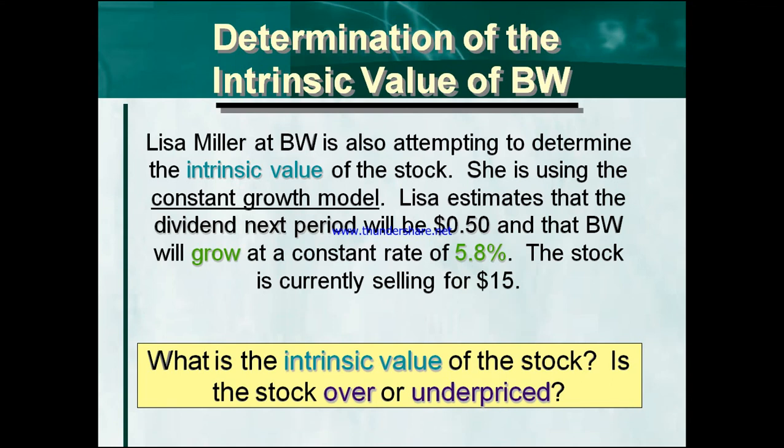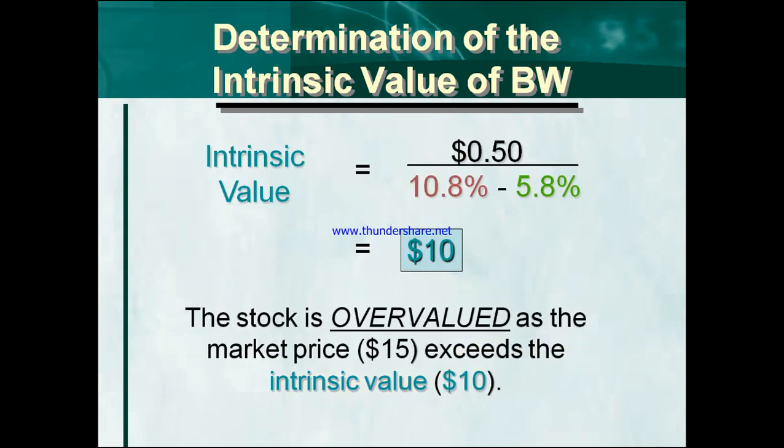She is also attempting to determine the intrinsic value of the stock, using the constant growth model. By using this technique, we can calculate the intrinsic value. We get that the stock is overvalued relative to the market price, which was $50. Is that not so?